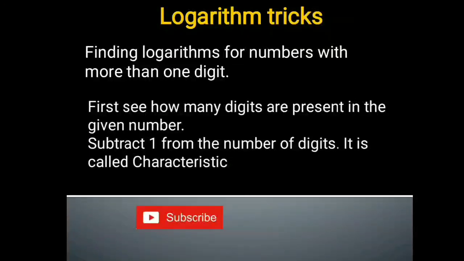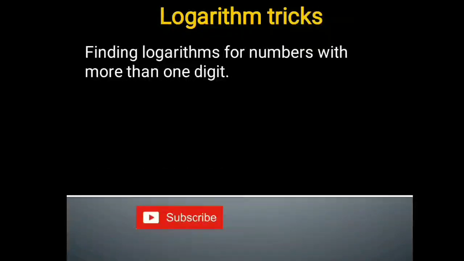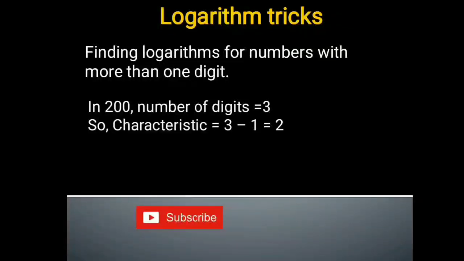This is another important term in logarithms, characteristic. Okay, how can you find log 200? First of all, see how many digits are there. In 200, 3 digits are there. Subtract 1 from it, you got 2. This is called characteristic.